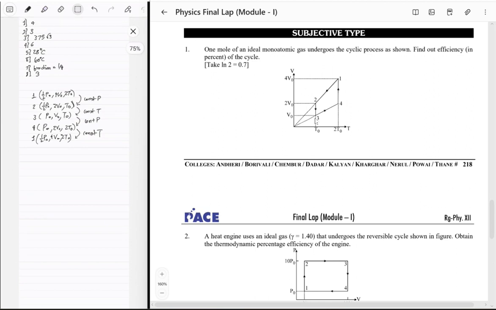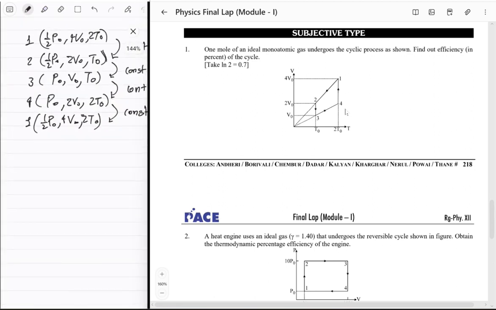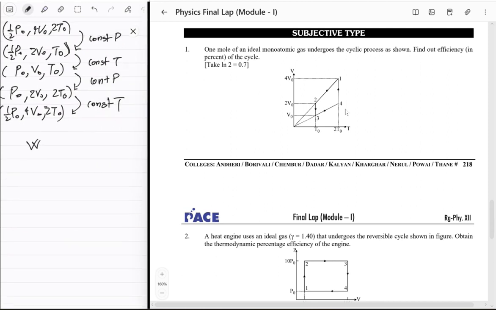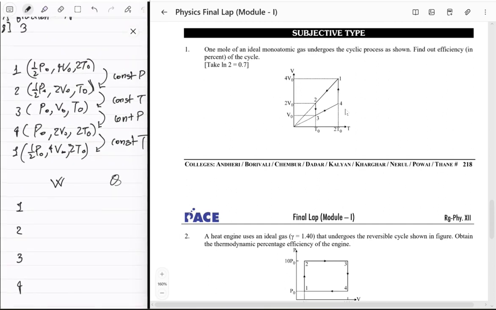Okay, what do we have to do? We have to figure out the work done, of course, first of all. So we have to find the work done for each one, 1 2 3 4, and also the heat. So work done and heat provided. Let's do it. 1 to 2 is constant pressure, so what is your work?